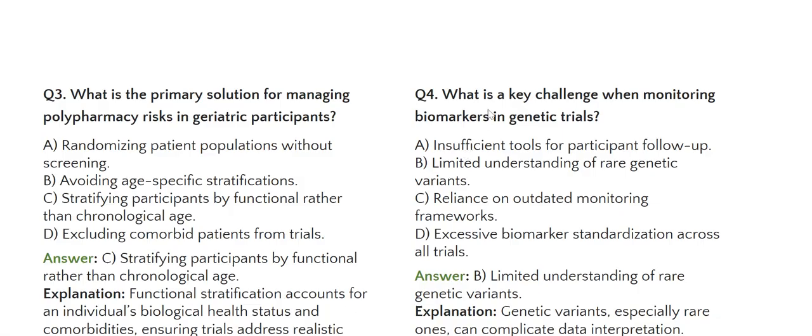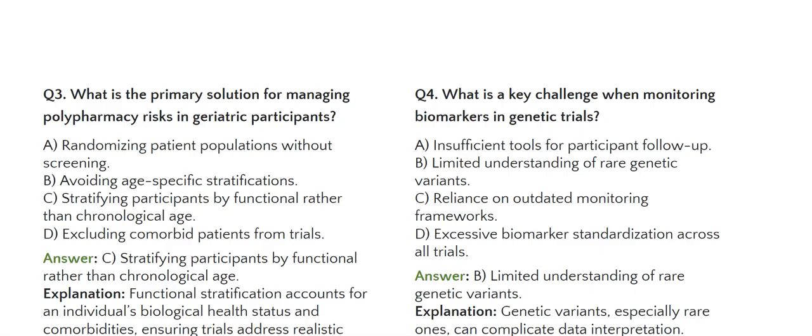Question 4: What is a key challenge when monitoring biomarkers in genetic trials? A, insufficient tools for participant follow up. B, limited understanding of rare genetic variants. C, reliance on outdated monitoring frameworks. Or D, excessive biomarker standardization across all trials.